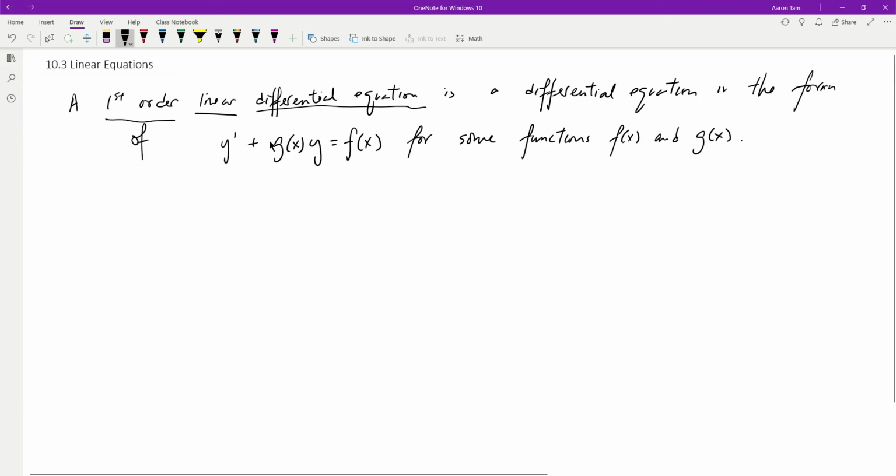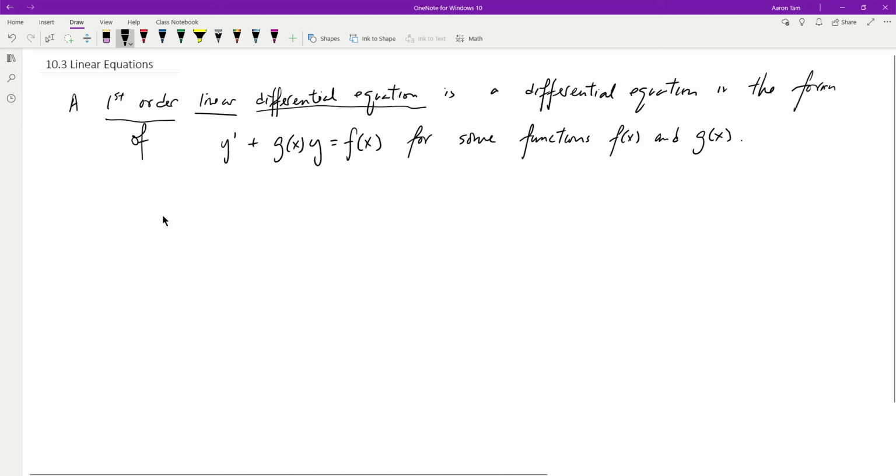I know some of you are probably wondering, what happened to g of x? Well, g of x in this case acts as a coefficient in front of y. As long as this coefficient is not a function of y, it can be a function of x. It's okay.